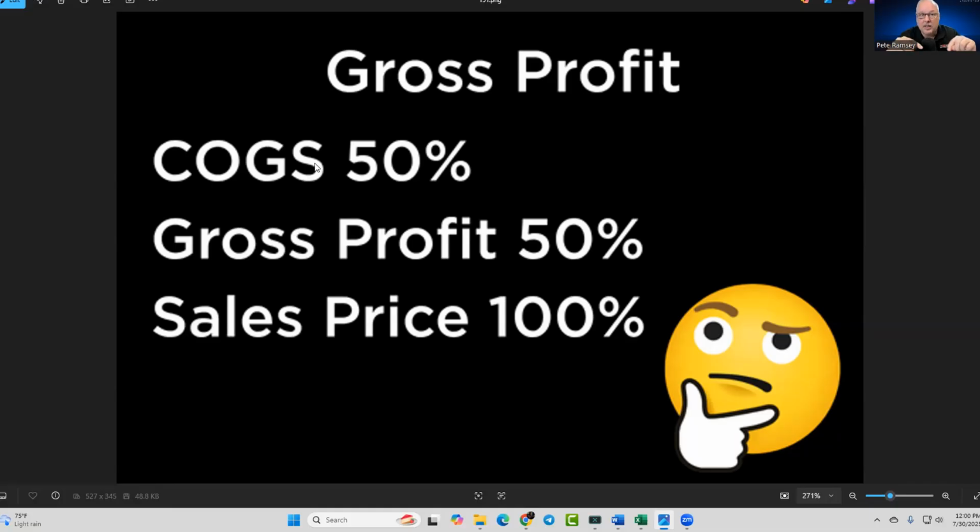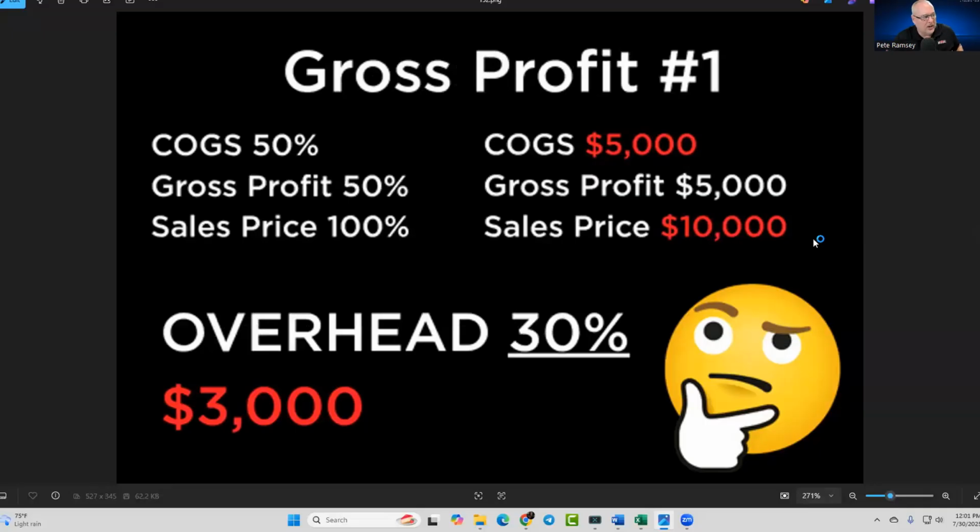Subcontractor, that's a COG. The permit, everything that goes into the job is a cost of goods sold. It's what it costs you to do the job. And so what most companies are doing, they're using a percentage calculator, like 50%, and using that to price their service. Well, let me show you why that doesn't really work that well.